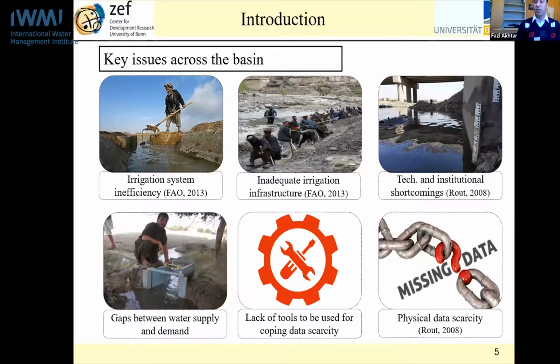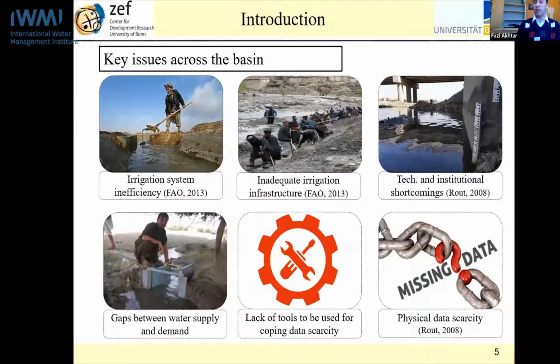There are also large gaps between water availability, supply, and demand, as I said earlier, with a potential evapotranspiration of 1300 millimeters against 300 plus millimeters of rainfall. That highlights the actual gap between demand and supply. Besides this, there is poor attention to research, not only in this basin but in the whole country, by the relevant authorities.